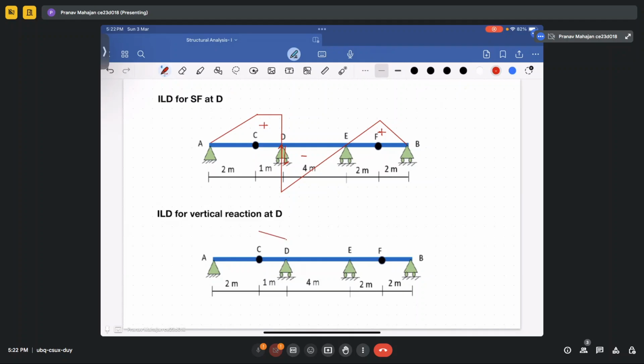So it would be like this, and it will continue to move here like this. And then here it will change the sign, like this, and also like this. So this value is 1, and this is your influence line diagram for vertical reaction at point D.